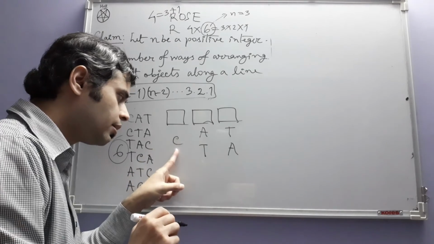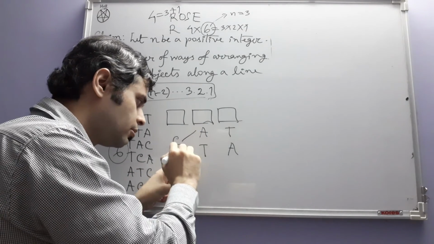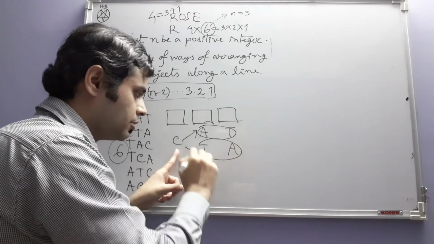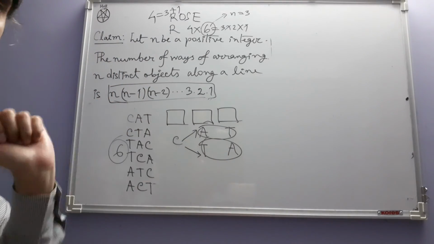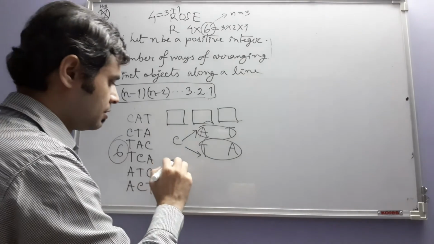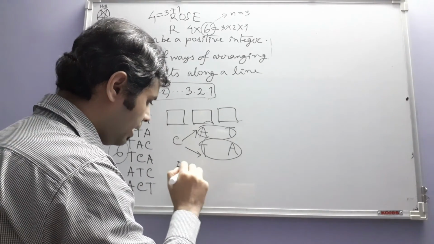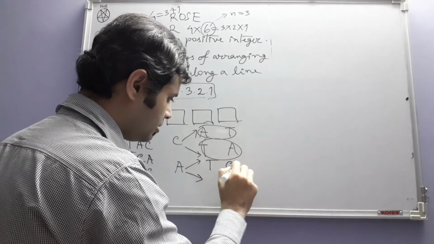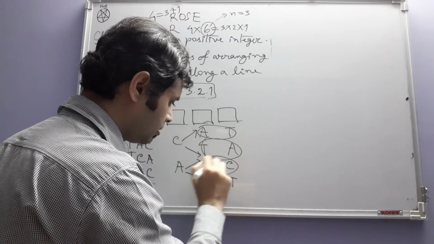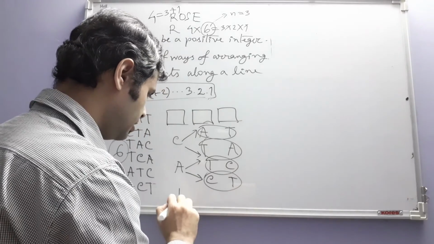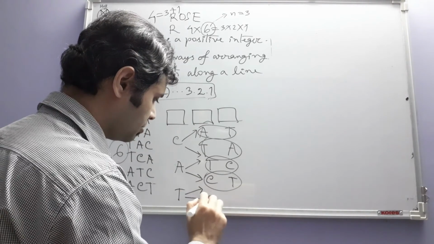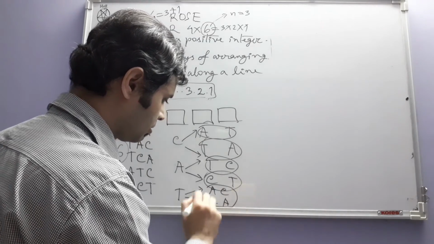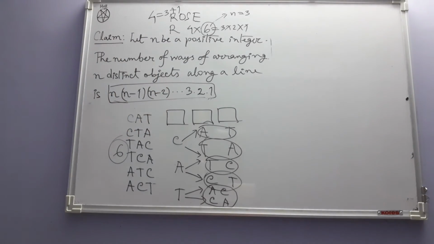So this single C is producing two different arrangements, CAT and CTA. Similarly, A is producing two different arrangements, ATC and ACT, and T is producing two different arrangements, TAC and TCA.